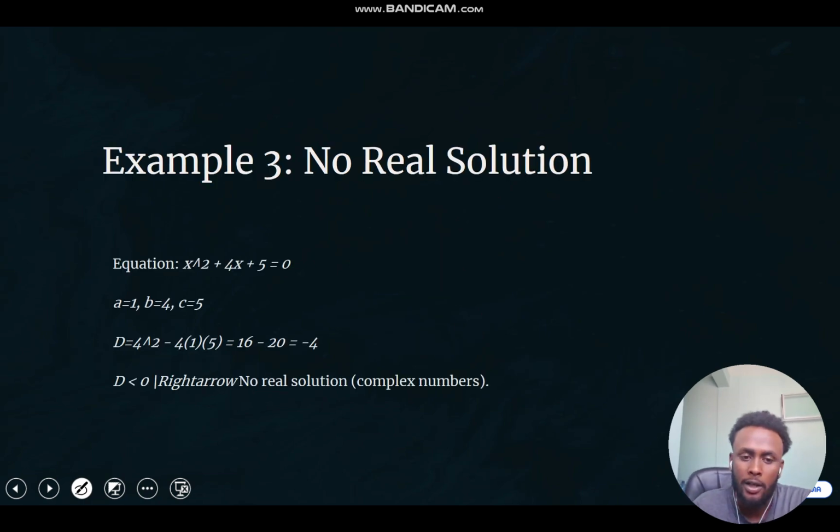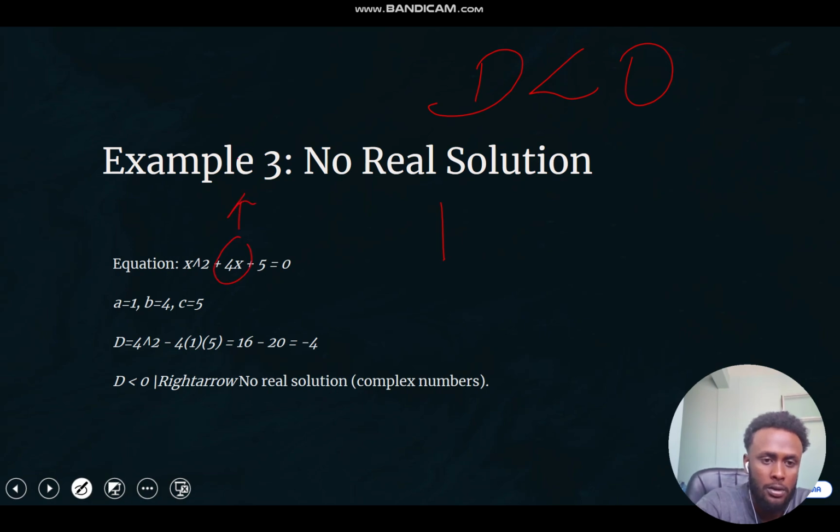And finally, for discriminant less than 0, in this case b is 4, a is 1, and c is 5. So b squared is 4 times 4, 16, minus 4 times a, which is 1, and c, which is 5.